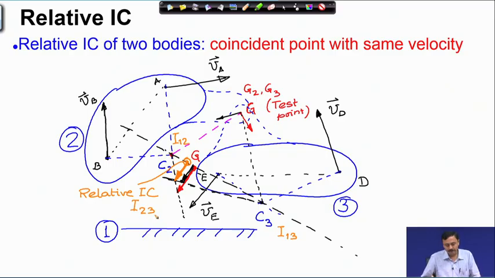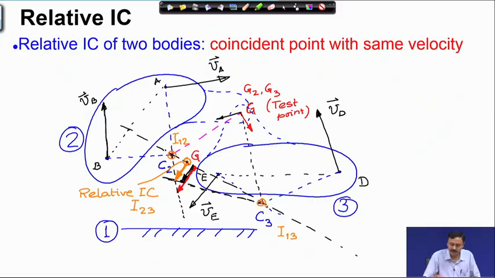Now, you have possibly noticed another very interesting thing, that these 3 relative ICs have to lie on a line. The way we have constructed them, they have to lie on a line. This naturally appears from our construction.